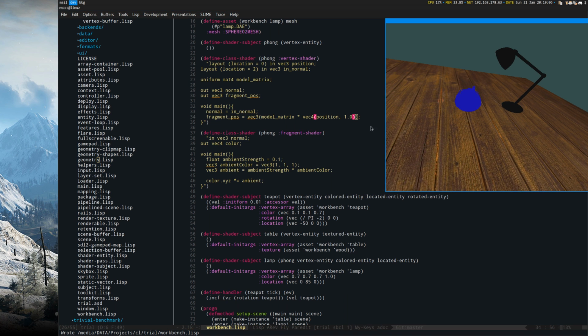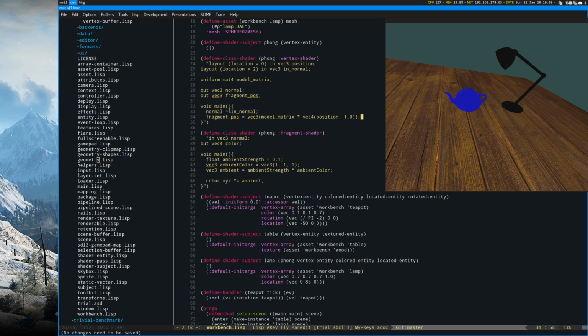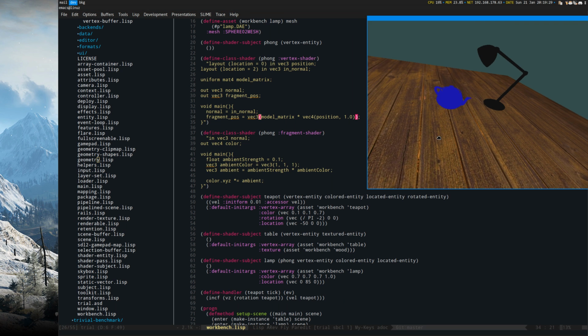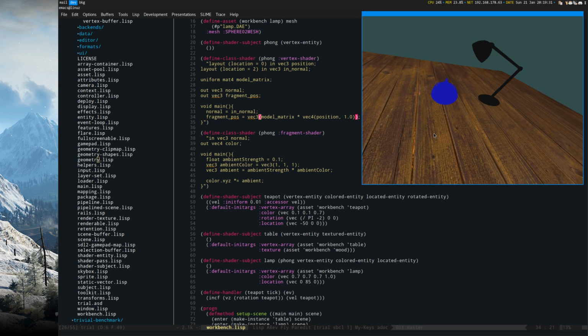Isn't it? Yeah. Okay, so the reason we're doing this is in order to properly calculate the difference between the light and the current fragment's position, we need to know the fragment position in world space. If you're not familiar with all of this, basically you divide things into different kinds of spaces.